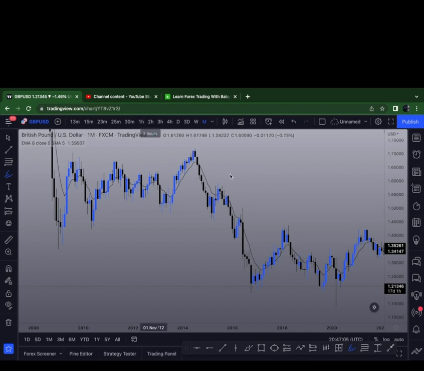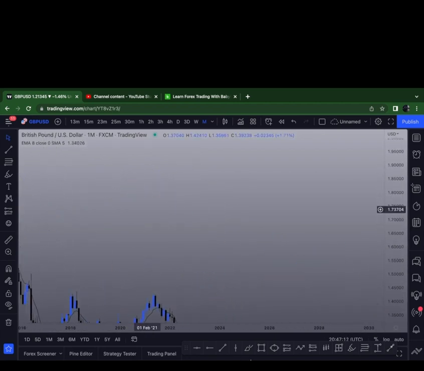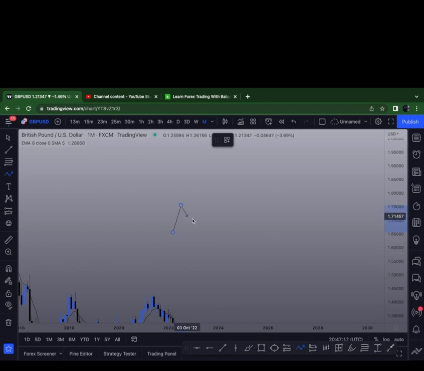Sorry guys, before I go to the lower time frame, let me show you how this works. If the market is trending this way in an uptrend, what you simply need to do to use this trend line strategy is look out for these points.